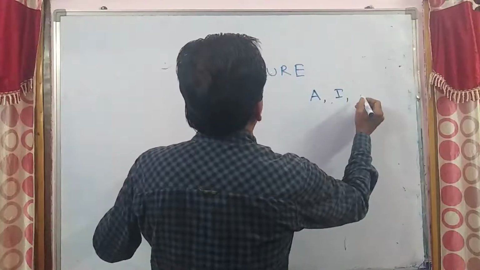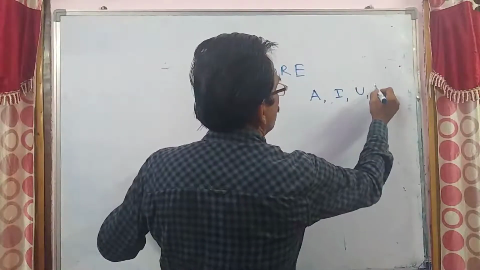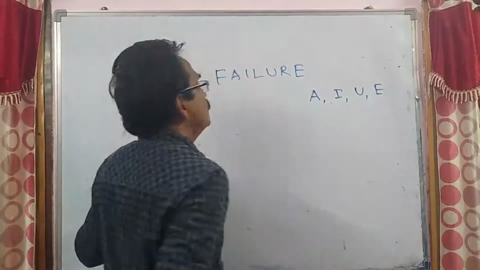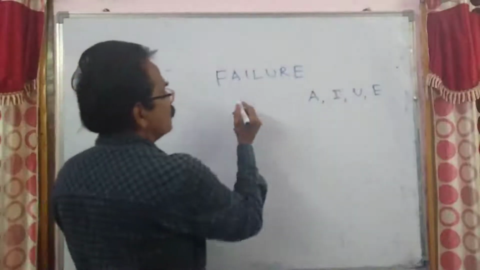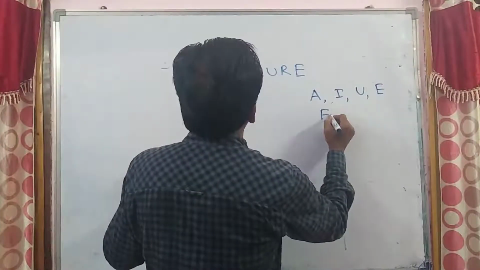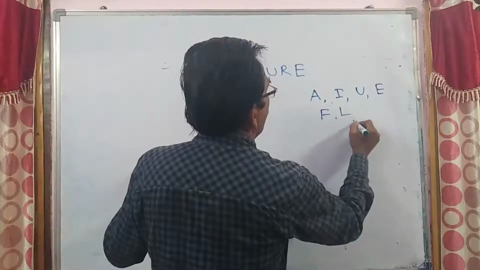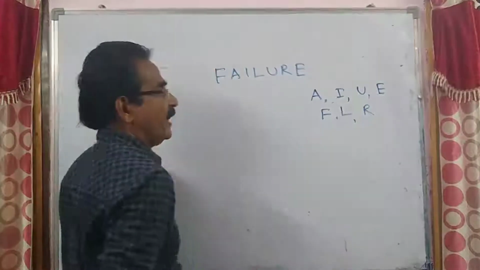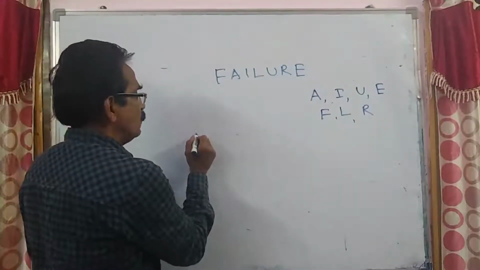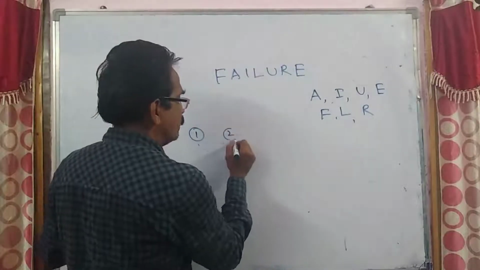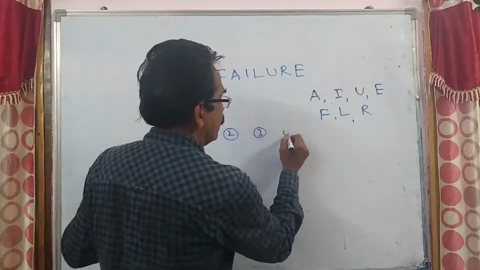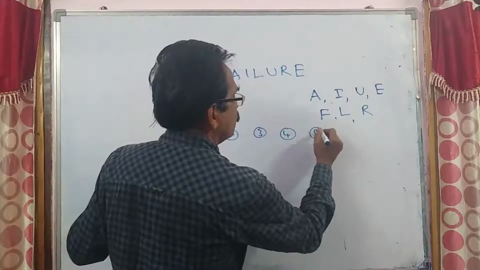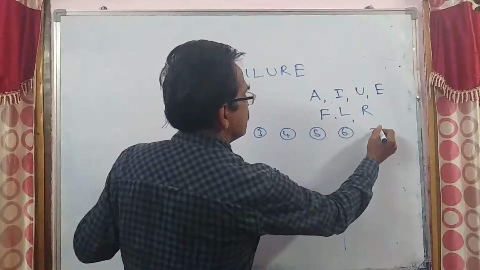A, I, U, E. How many consonants are there? F, L, R. So we have 7 letters: 1, 2, 3, 4, 5, 6, 7.